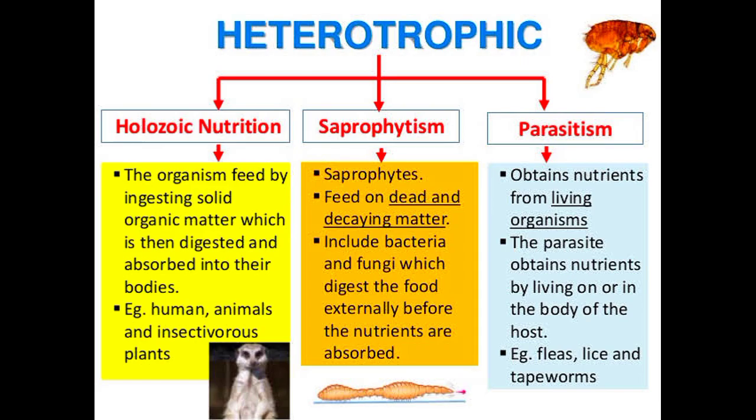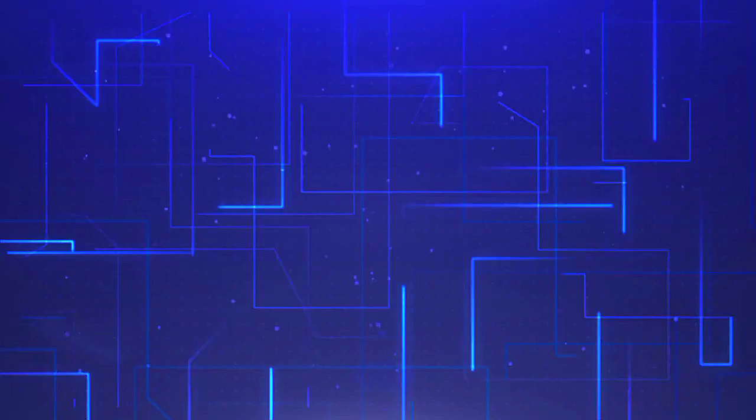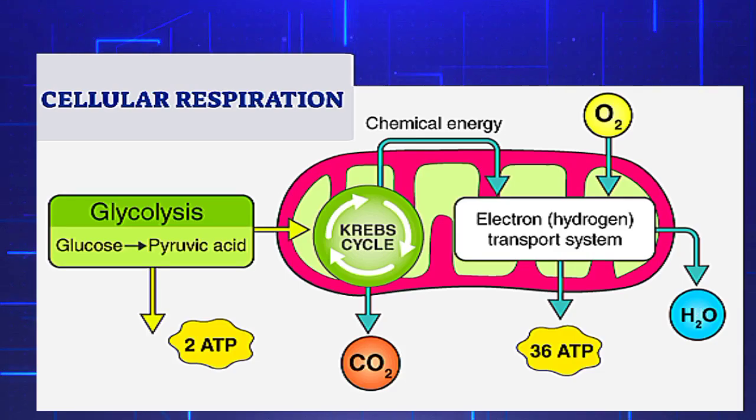However, in this lesson, we are going to look at an important process which converts this food that we have eaten in our different cells into chemical energy. That process is called cellular respiration.